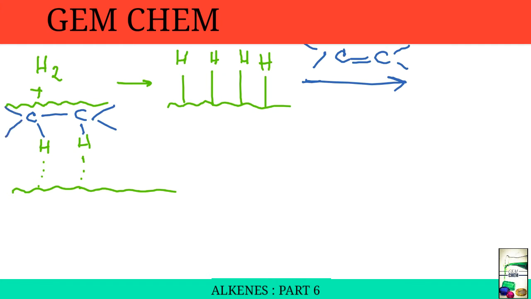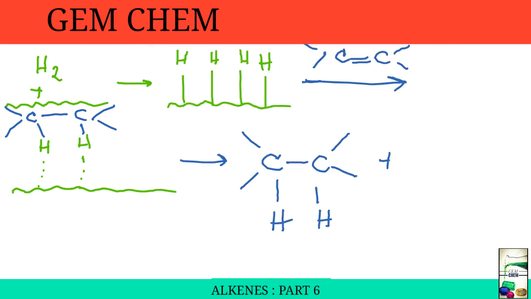Now ultimately what happens? This gets detached and we get this product with hydrogens from the catalyst surface, and the catalyst surface remains with the other hydrogens present on it.